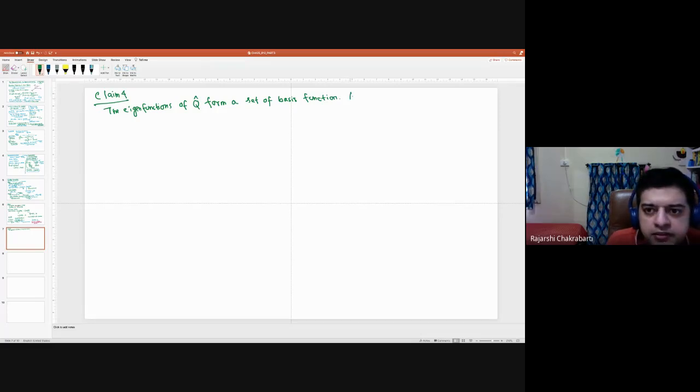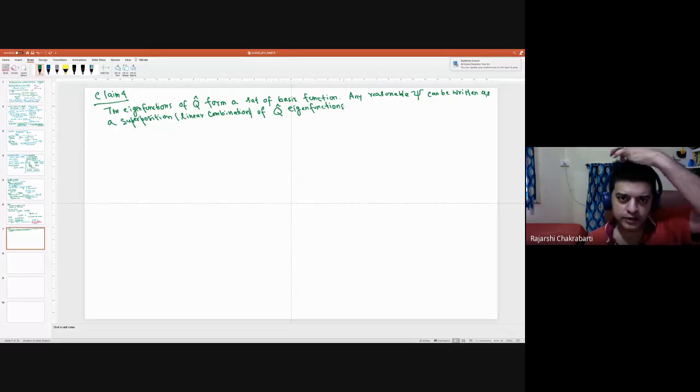Any reasonable psi, any function, can be written as a superposition of Q eigenfunctions. Superposition means linear combination. This is what I want: the linear combination of eigenfunctions of Q.